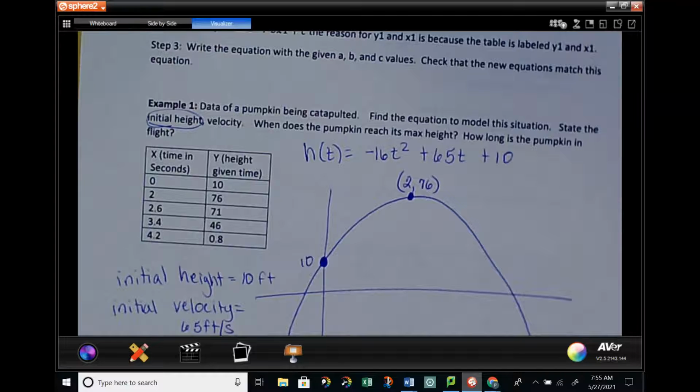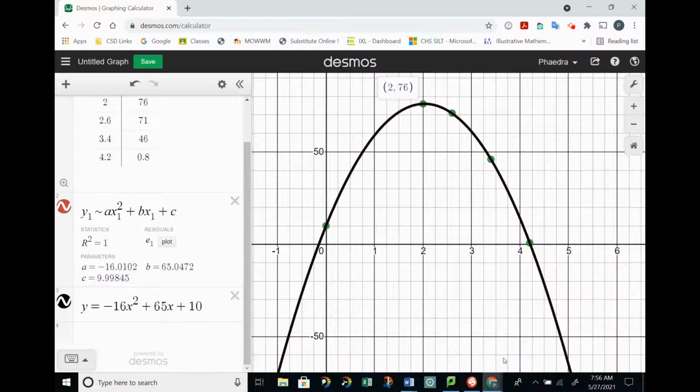And then it asks you to find those zeros. So the next question is asking, what are those zeros? So this zero looks to be about 4.2.